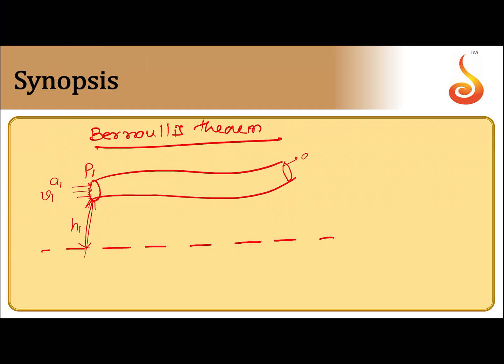Likewise, A2 and V2 are the quantities here, P2 is the pressure over here and H2 is the height of this. So here what it tells is pressure energy plus kinetic energy plus potential energy is constant.